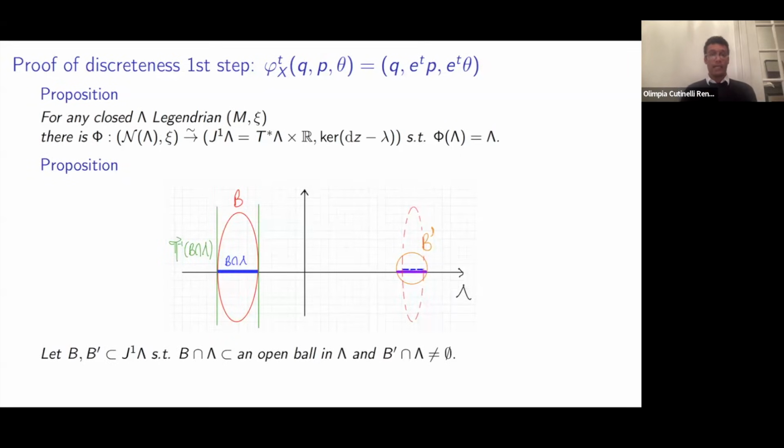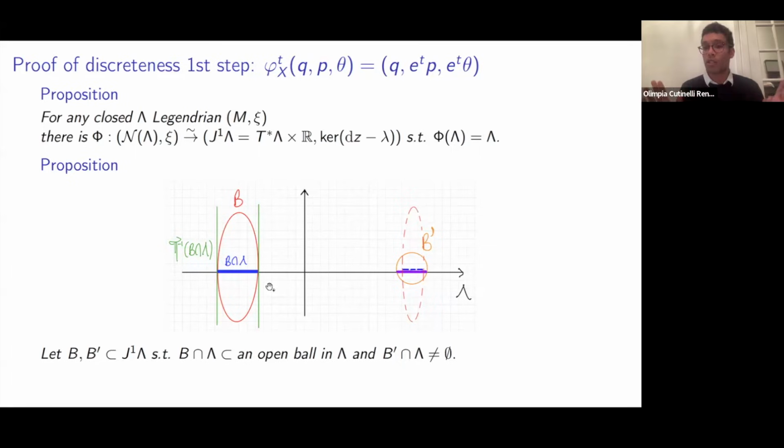A second one is the following. So you take two sets, B and B prime. Here, B, I've colored it in red, B prime in orange. Okay, these two sets are in the one jet bundle here. And you suppose that the red set, the B, intersects the zero section in a small chart of lambda, so in an open ball in the zero section.